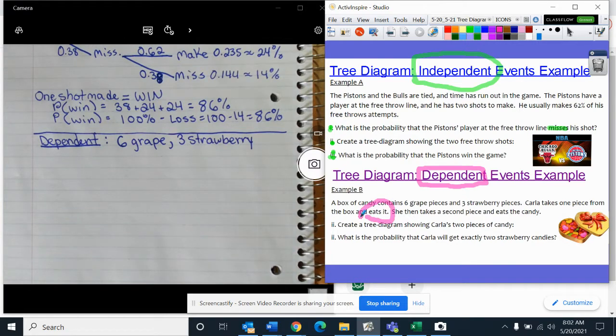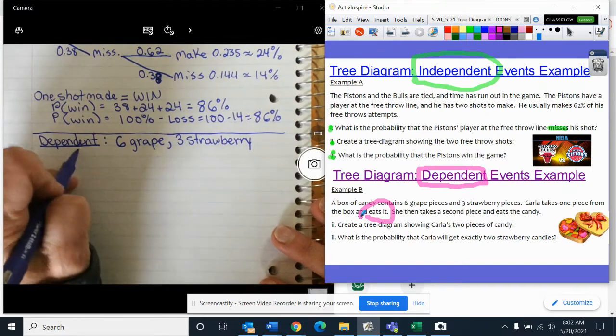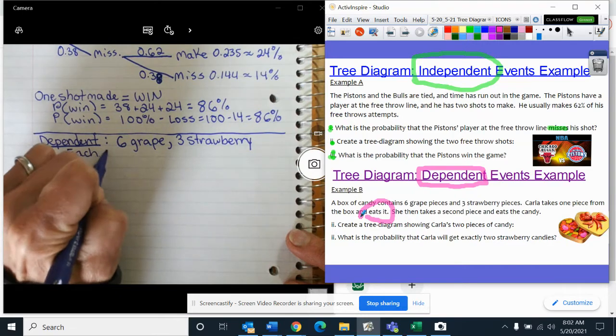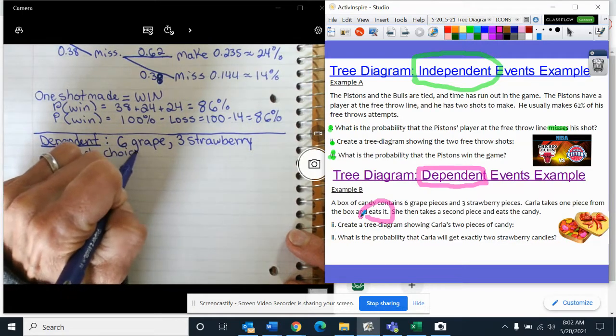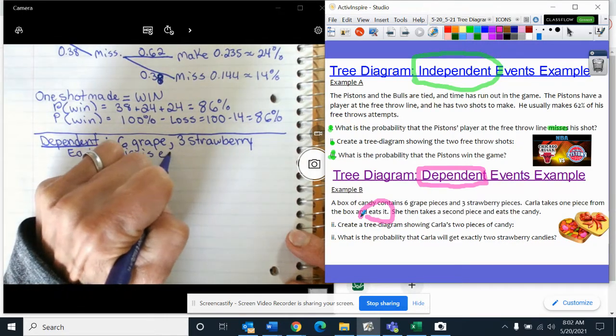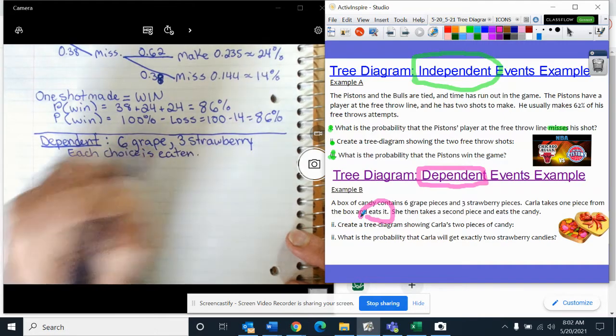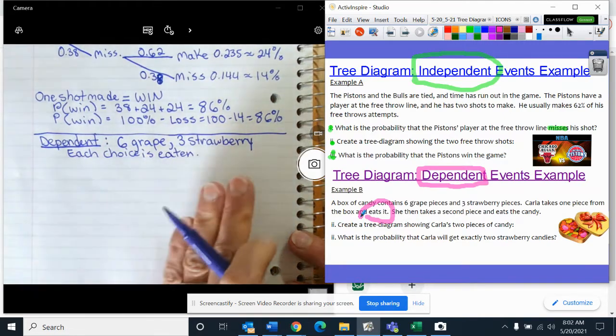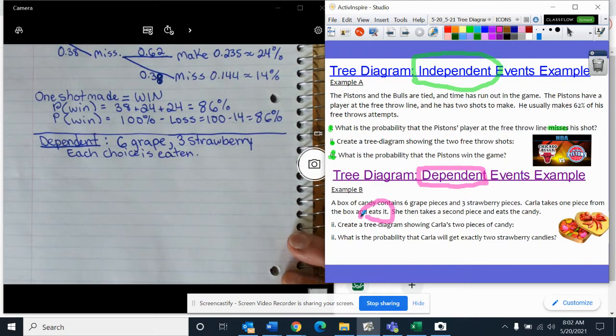She eats it. So that means that each time she picks a piece of candy, each choice is eaten. So the probabilities will reduce every time she picks a piece of candy.